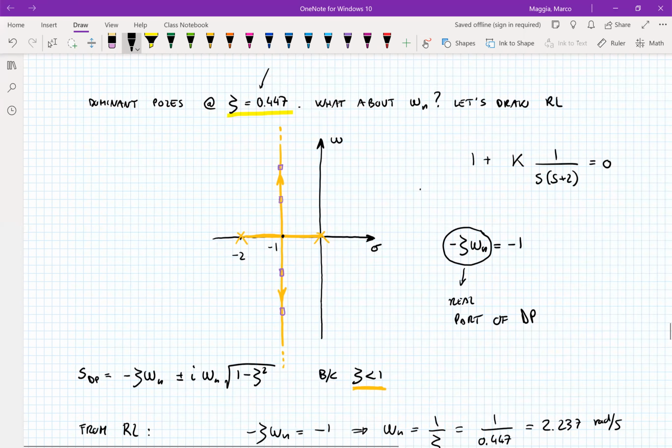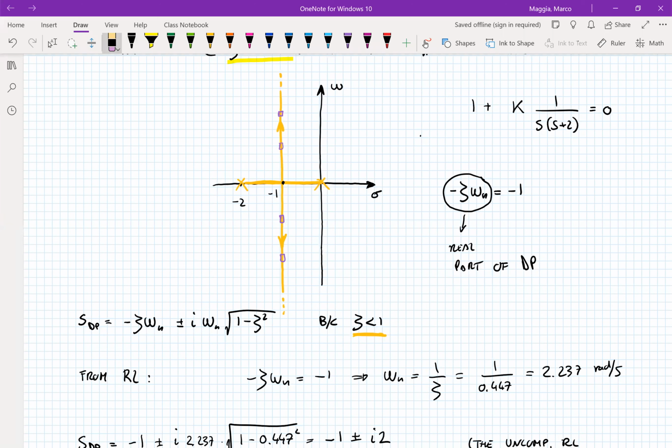So we can actually locate the dominant poles now on the complex plane. There you go, 1 and 2. We can call them dominant pole 1 and dominant pole 2. So these are -1 plus 2i and -1 minus 2i. All right.